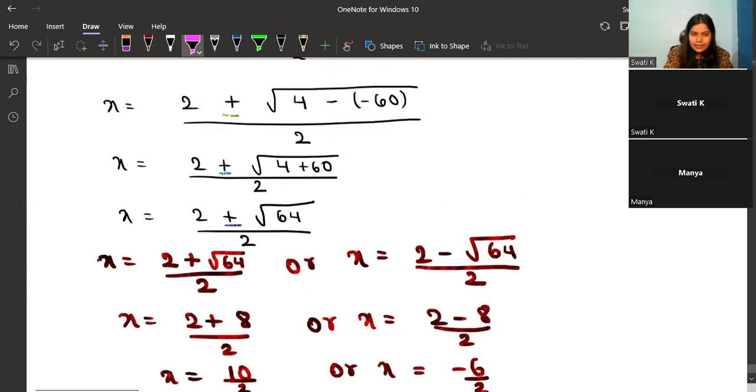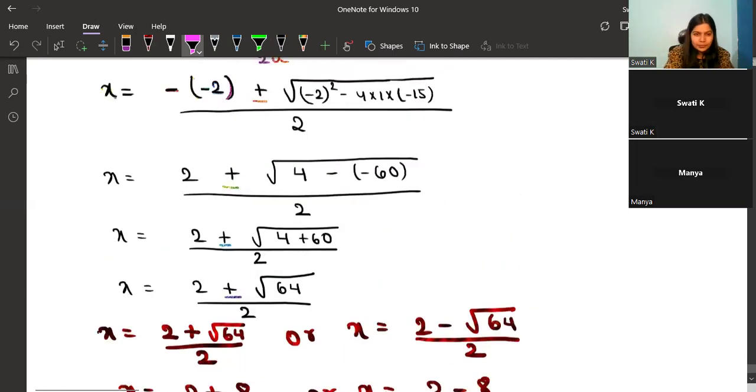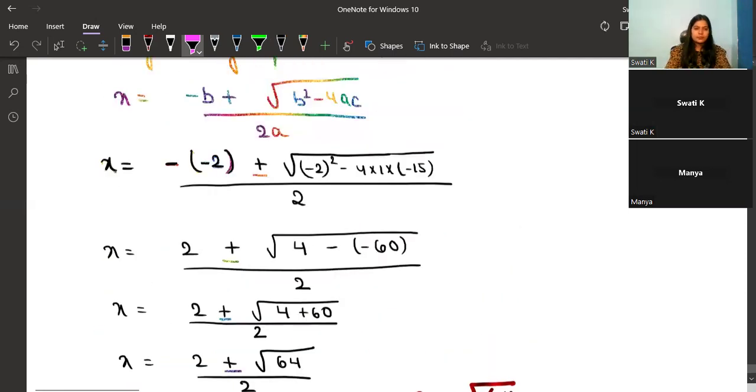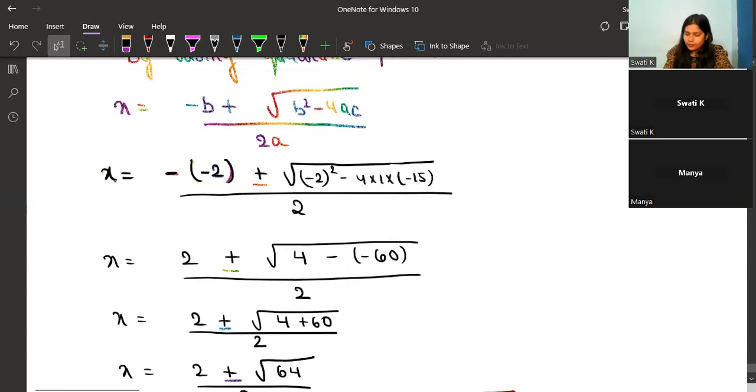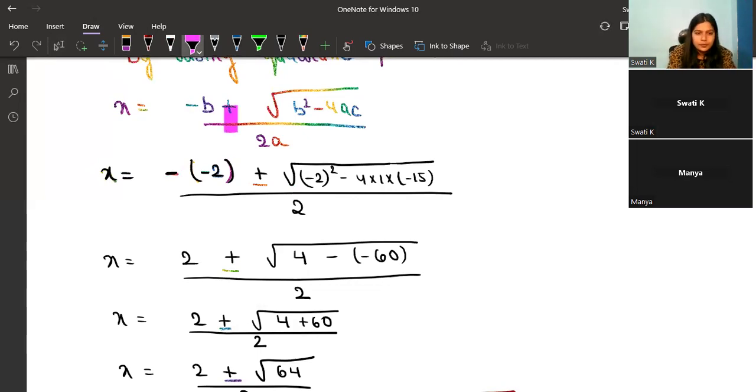Yes. First, I wrote A equal, meaning first I wrote the values of A, B, C. A equals 1, B is minus 2, and C is minus 15. Then I wrote the formula x equals minus b plus or minus square root of b square plus 4ac upon 2a.